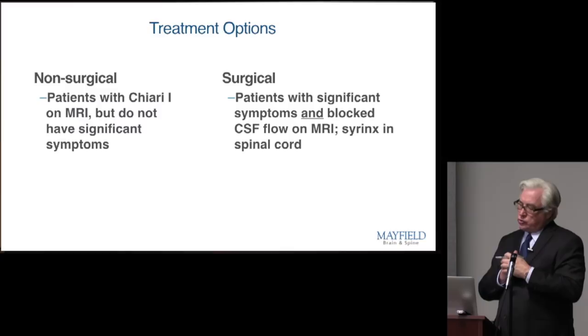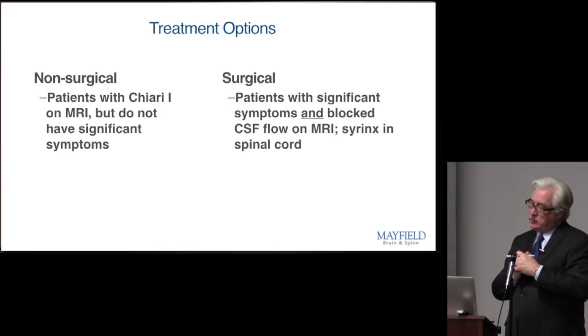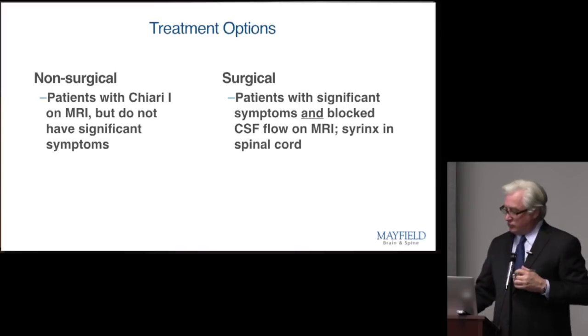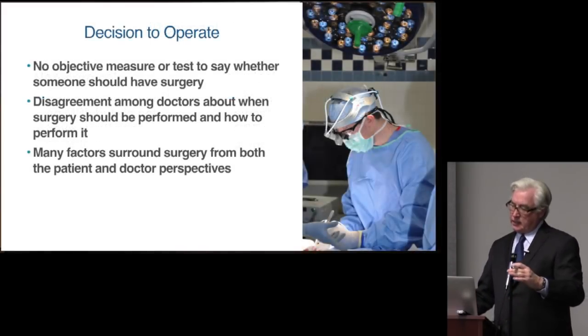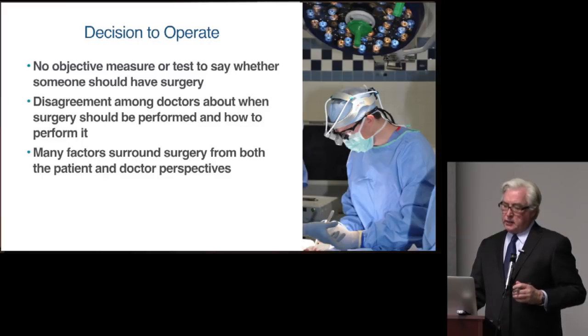We think about surgery for patients who just can't function, who can't manage their symptoms, and also showing severe blockage or any kind of blockage of spinal fluid. And in some cases, we'll even do surgery even though we can't document the blockage of spinal fluid on a cine MRI. So the decision to operate is not so black and white.